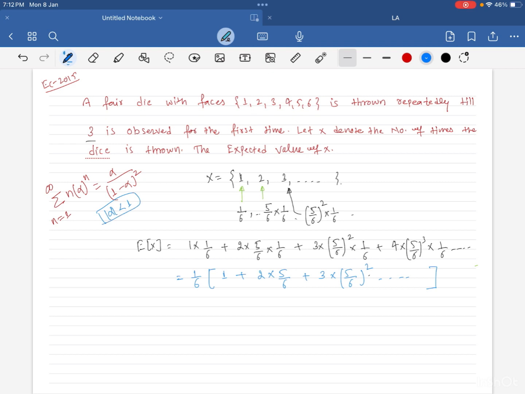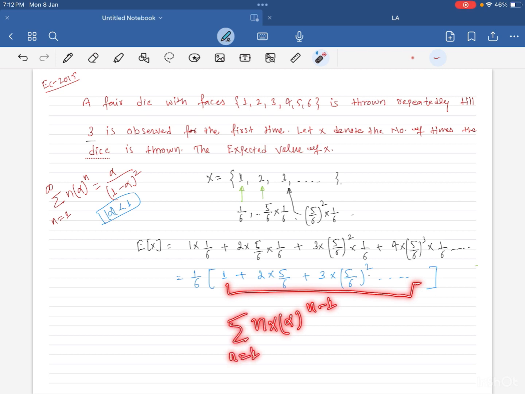So to fit, if we write the general form of this, then it will be summation from n equals 1 to infinity of n into alpha to the power n minus 1, right?